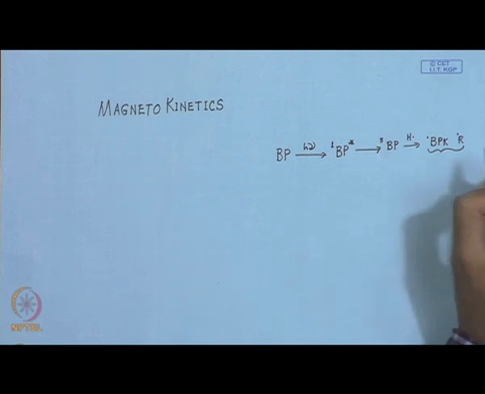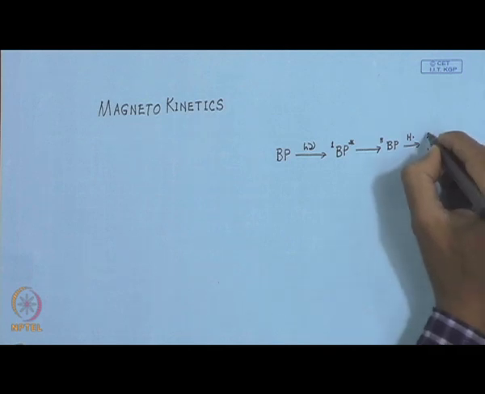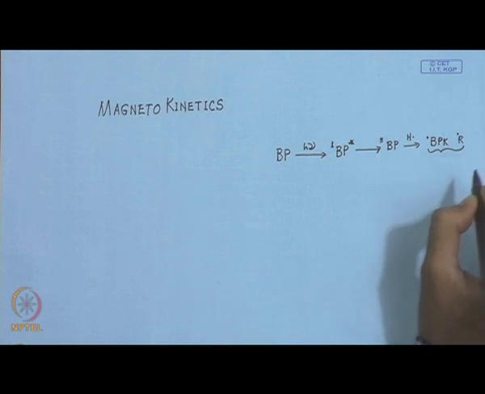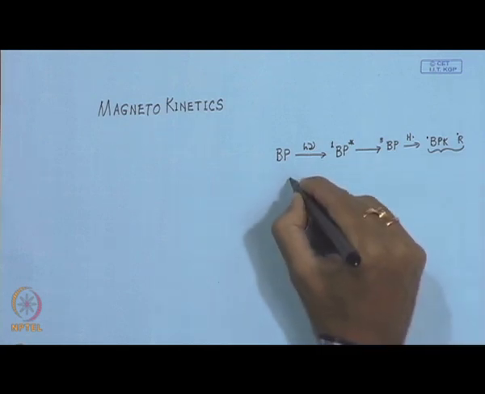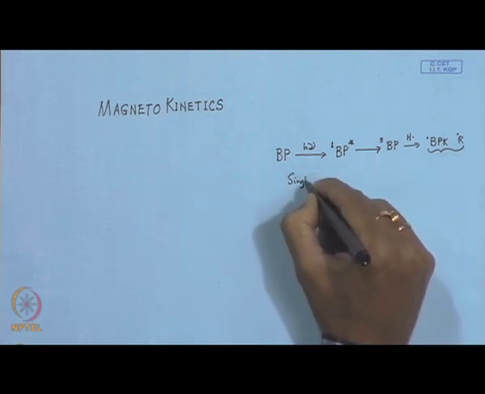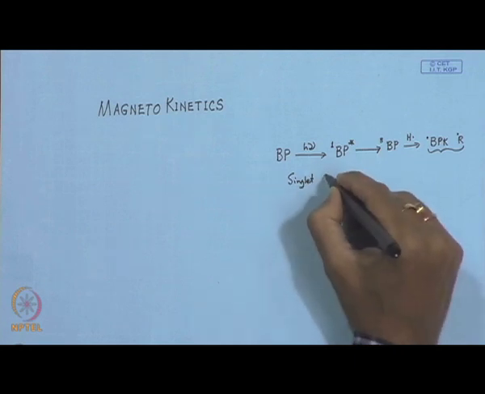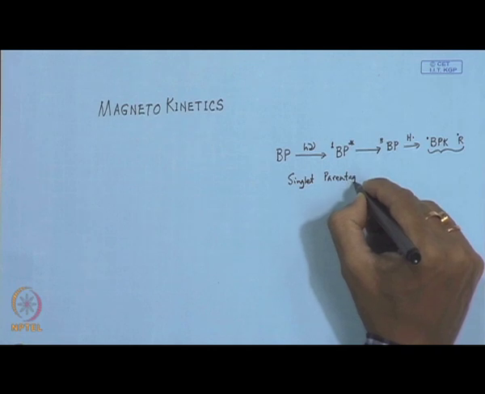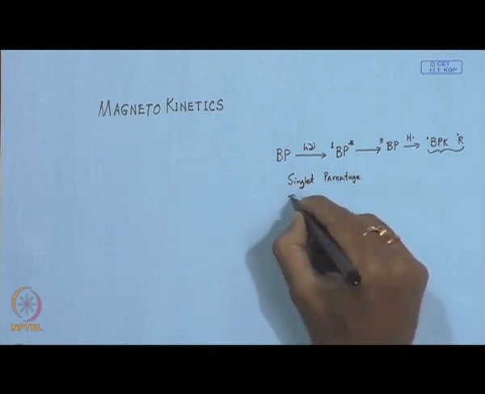Radical pair means a pair of radicals. Now, depending on the orientation of this spin and this spin, the radical pair may be singlet or maybe triplet.